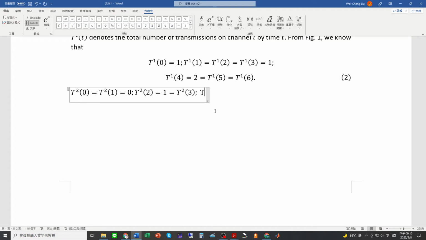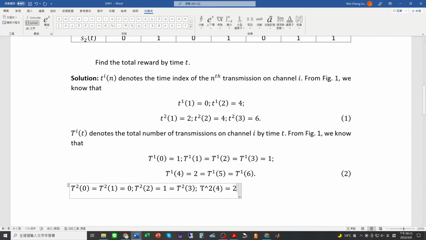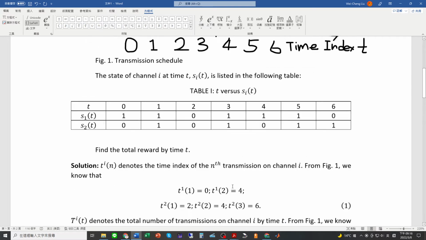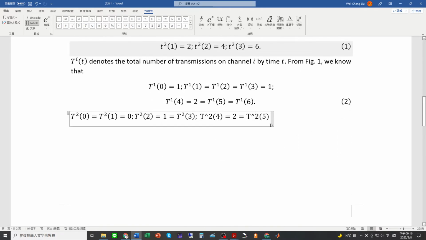So next we want to find T2 of 4. On channel 2, by time 4, there are 2 transmissions. So this is equal to 2. And please note that for T2 of 5, on channel 2 at time index 5, there are also 2 transmissions, so they are equal.